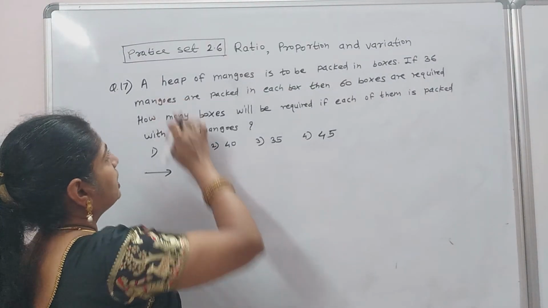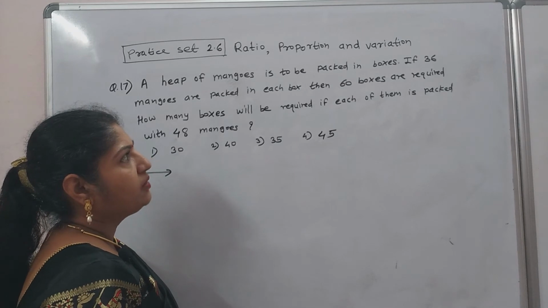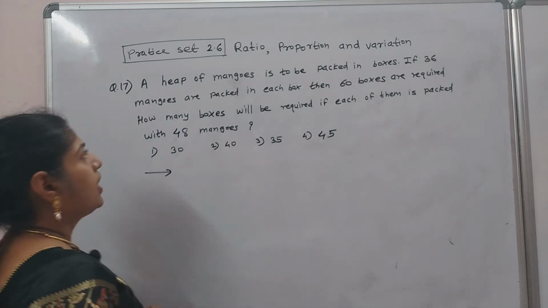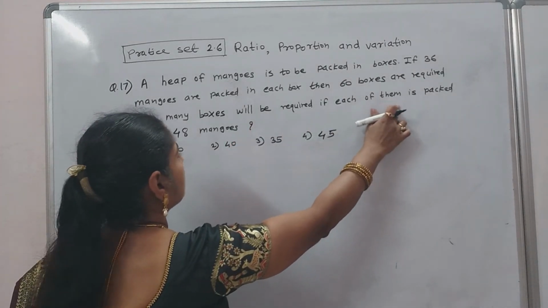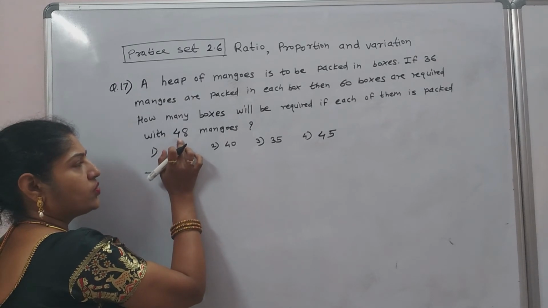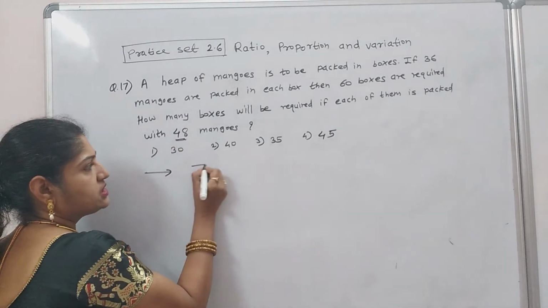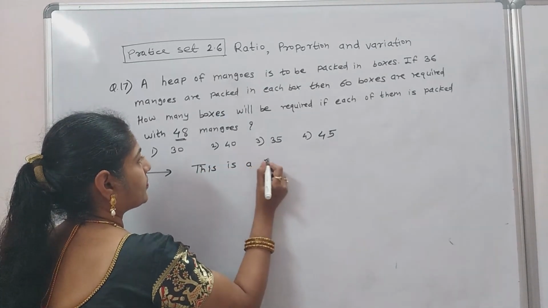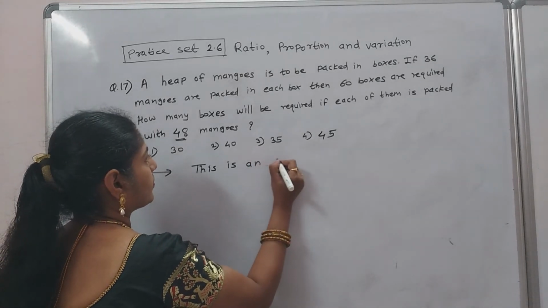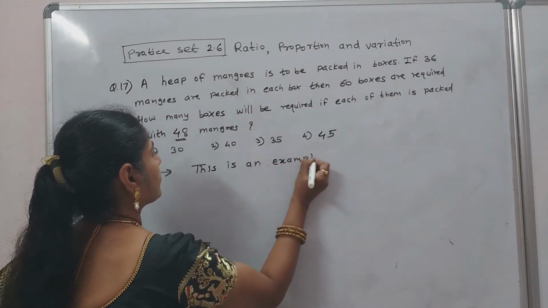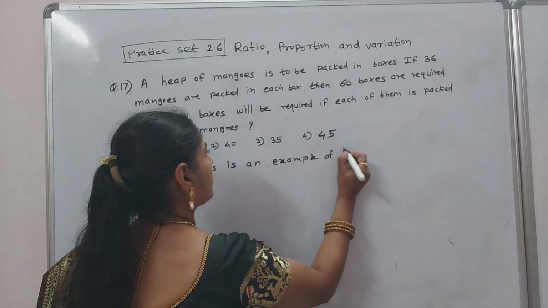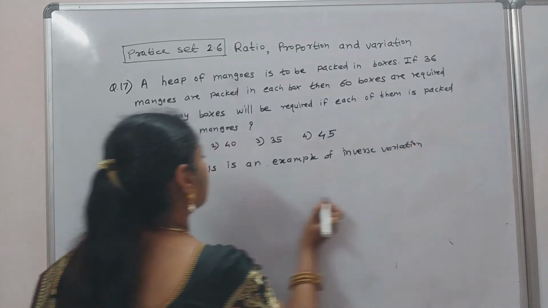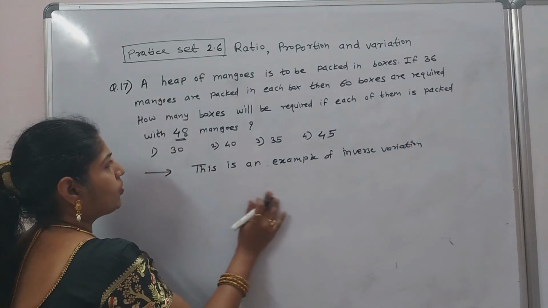Same example: a heap of mangoes is to be packed in boxes. If 36 mangoes are packed in each box, 60 boxes are required. How many boxes will be required if each of them is packed with 48 mangoes? This is an example of inverse variation. In inverse variation, the product is equal, the multiplication of two quantities is equal.